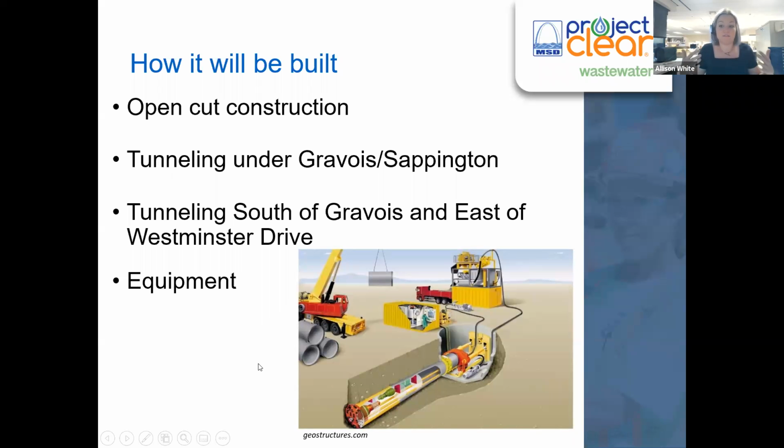You actually see the physical construction occurring. But there's also going to be trenchless technologies that are utilized as part of our construction. And those are going to be those pipe and tunnel technologies that we discussed. And that's specifically at the Gravelway and Sappington crossing, as well as there's some businesses just south of Gravelway that we are going to be utilizing the pipe and tunnel technology as well. And it's just east of Westminster Drive.